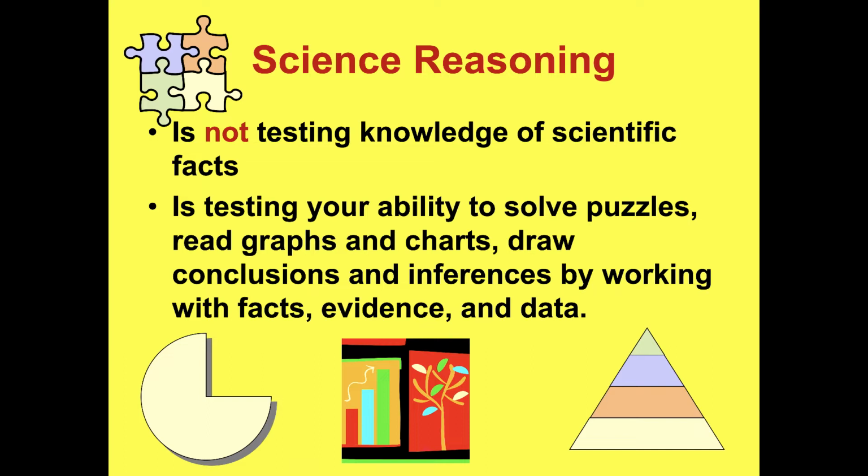What they want to test is your ability to solve puzzles that are scientifically oriented, to read graphs and charts, to be able to read those graphs and charts and draw conclusions or inferences, and work with facts, evidence, and data. And so, in order to do that, they separate this into three sections.